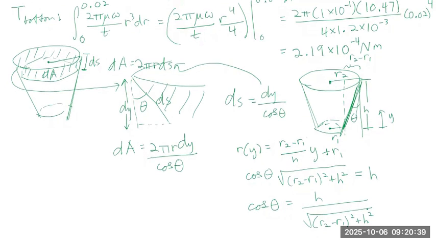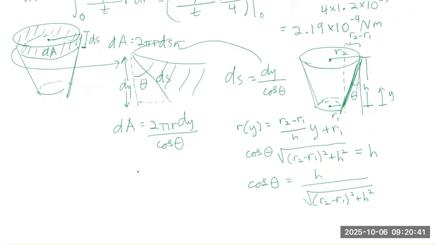And we can now plug this into our equation for dA over here. Thus, dA is equal to 2 pi r times the root of (R2 minus R1) squared plus h squared, over h, dy.